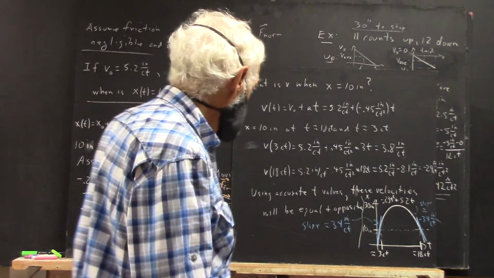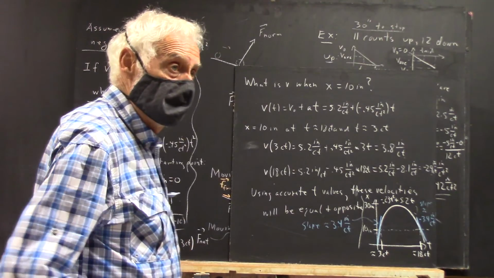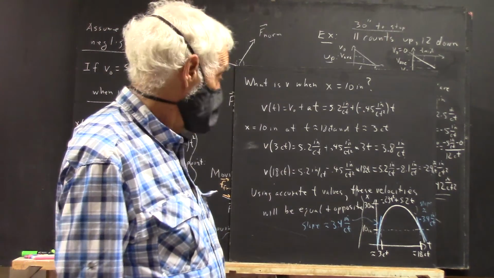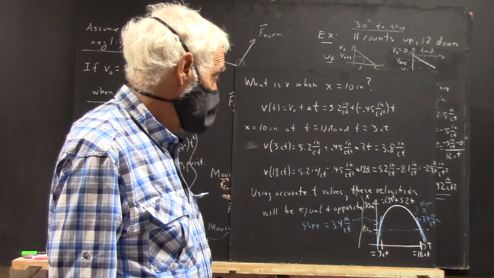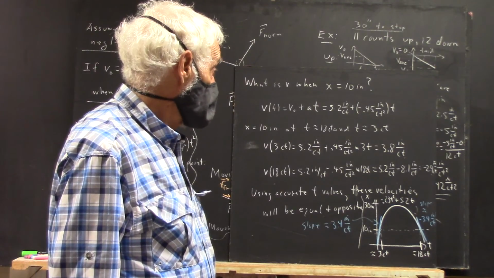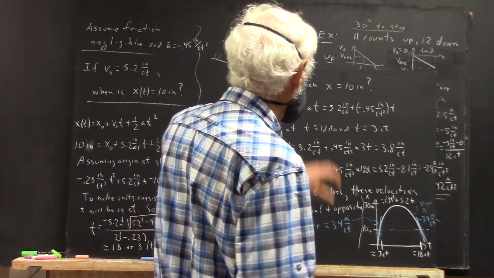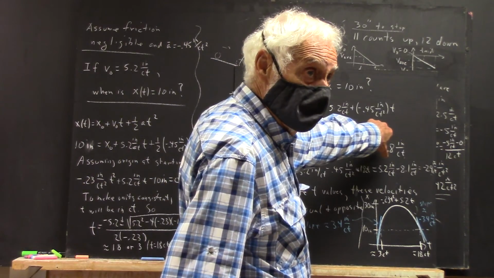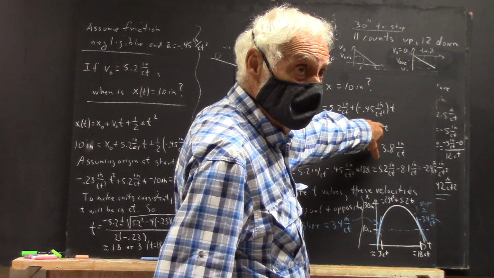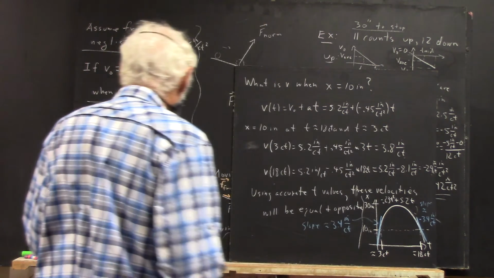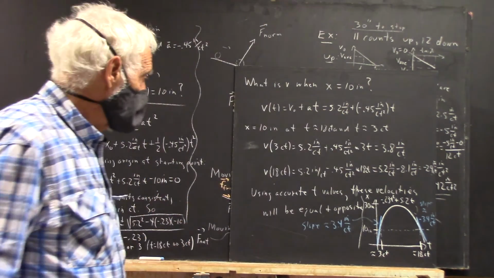About negative 3.4 inches per count. You could also look at your velocity versus time graph, simple linear graph here, and you really ought to think about doing that. You want to understand this deeply enough to solve the trickier problems.